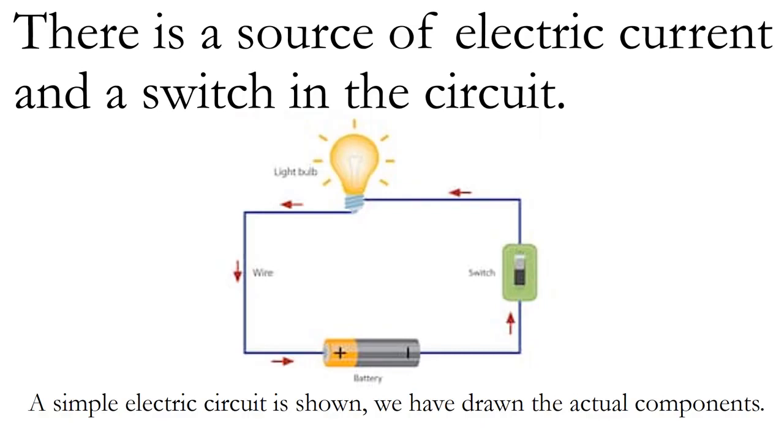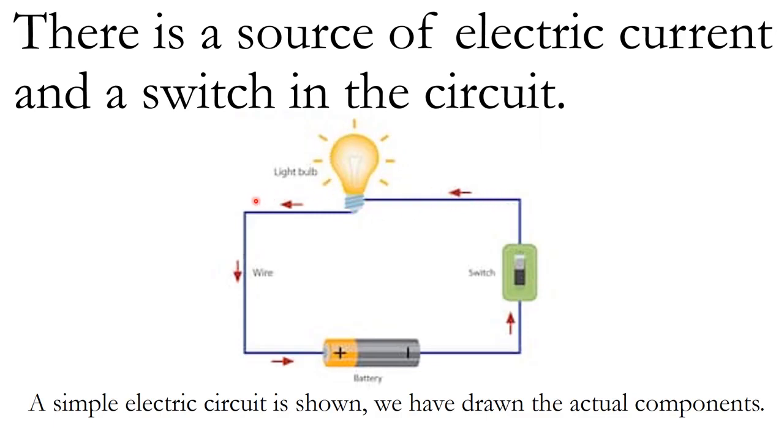In an electric circuit, there is a source of electric current and a switch. Let's look at this diagram. Very easily we can point out that this battery or cell is the source of electric current. This switch allows us to close or open the circuit, and the bulb or the light bulb indicates the electrical appliance.